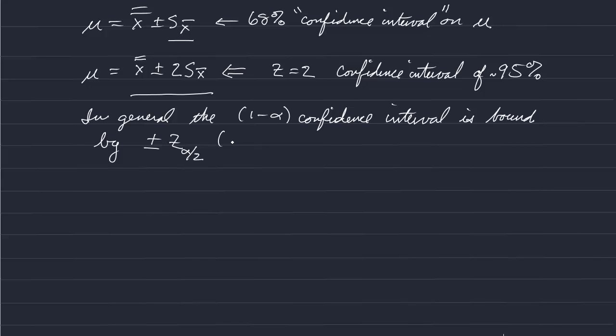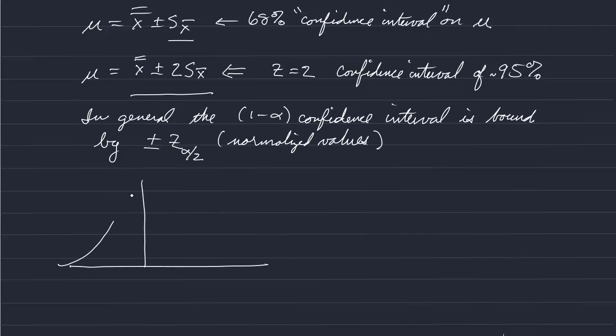And that's, of course, in terms of normalized values. So again, if we were to sketch out our normal distribution, and we wanted to define a confidence interval of 1 minus alpha, we would do that by finding the values of z that give that confidence interval.